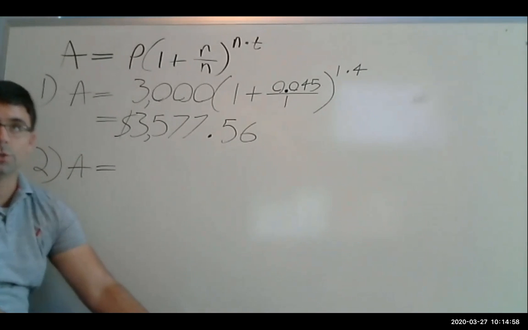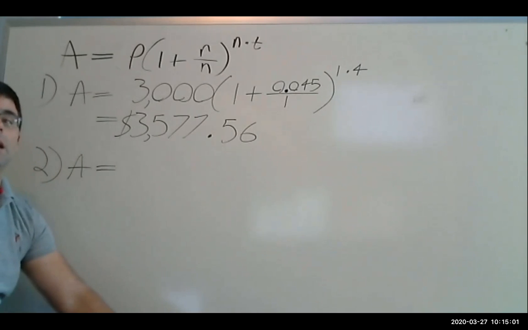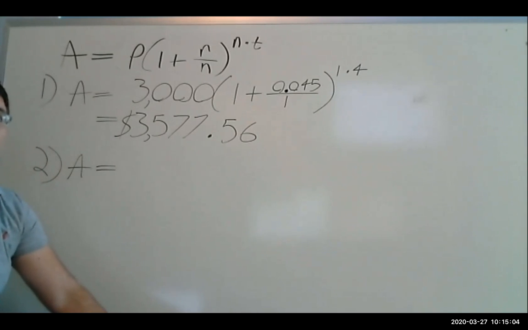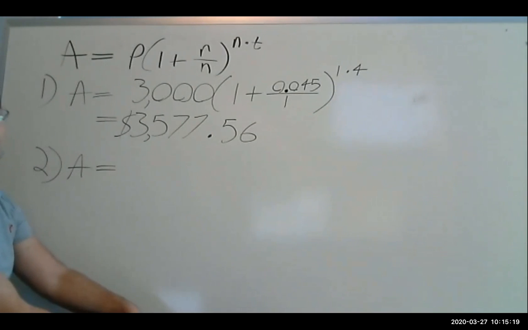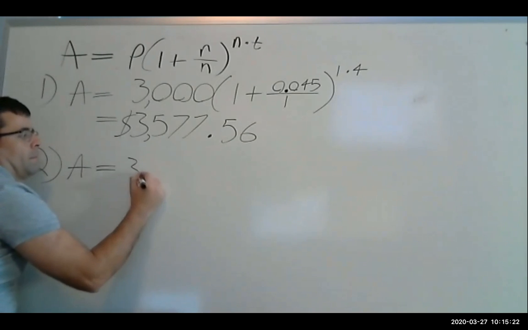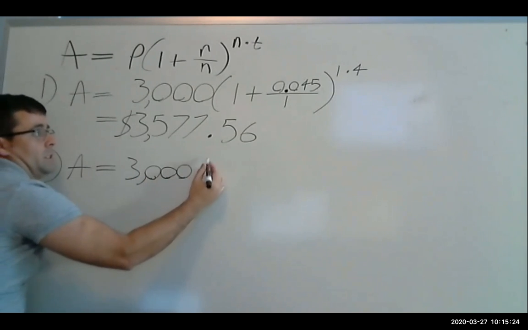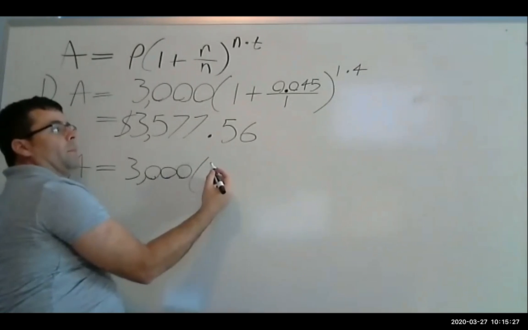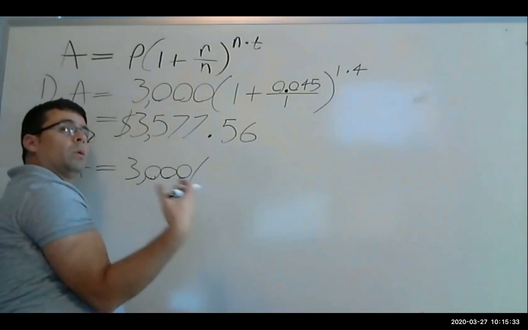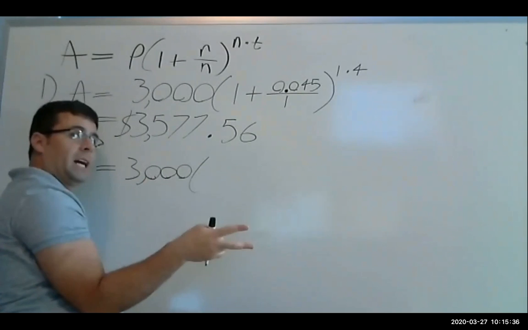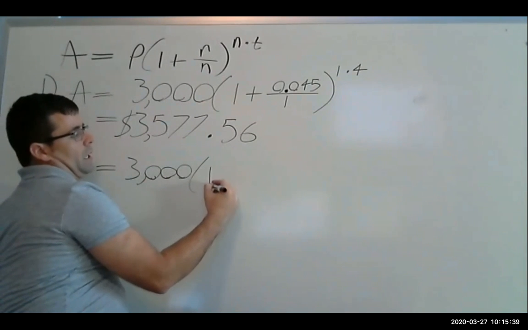On this number 2, we're going to do it semi-annually. What do we say semi-annually means? Half of the year. Yeah, so it happens every half a year, every 6 months. So what changes? N would change. So would it be 0.5? Other way. How many times a year does it happen? Well, if it happens every half a year, that means it'll happen 2 times for a whole year. Oh, okay. Yeah.